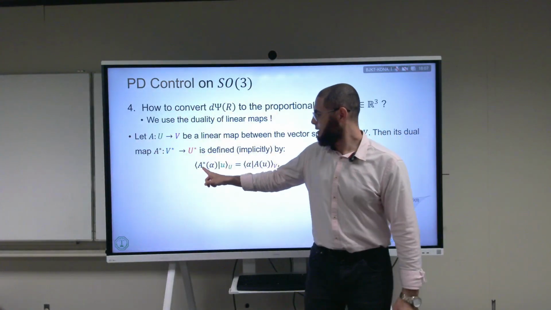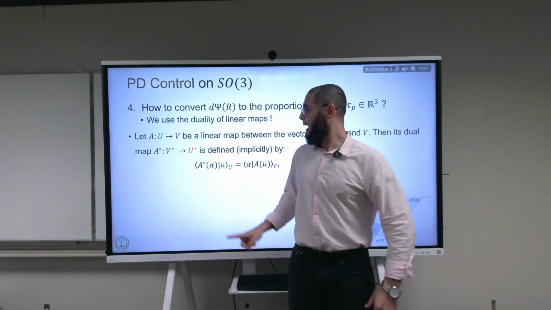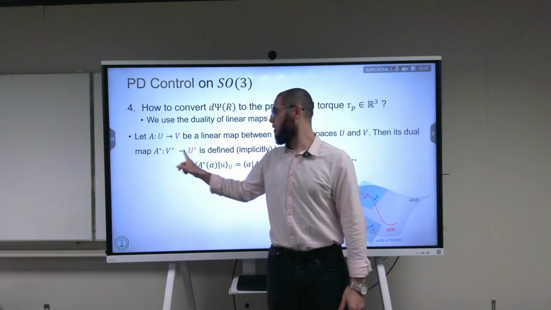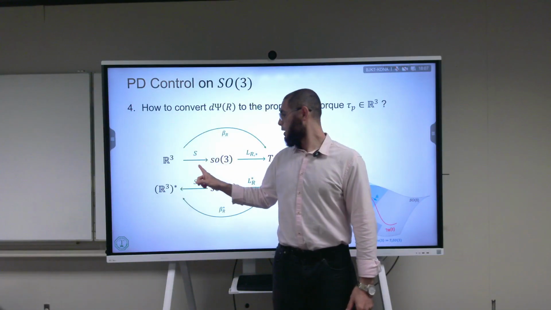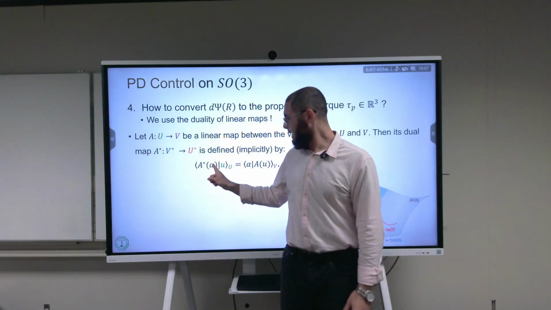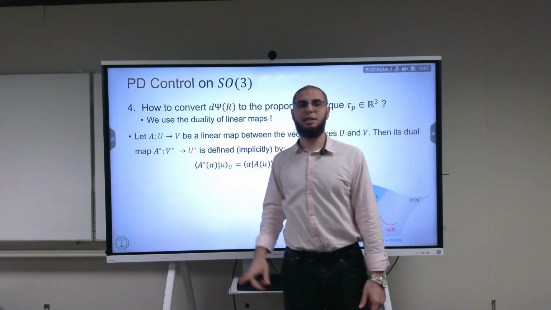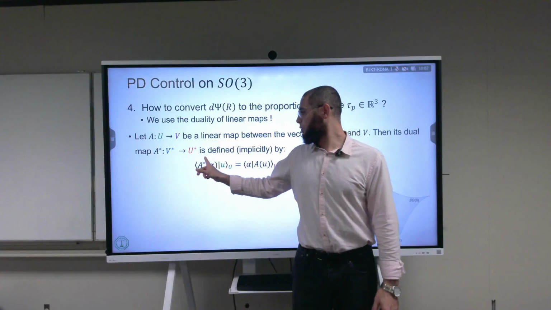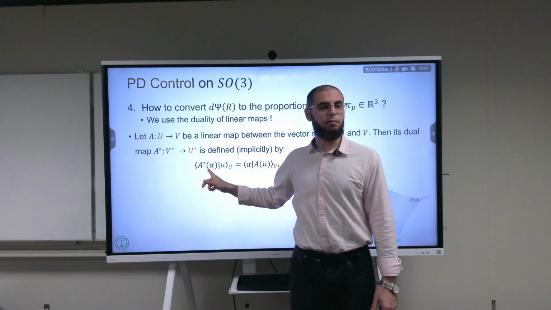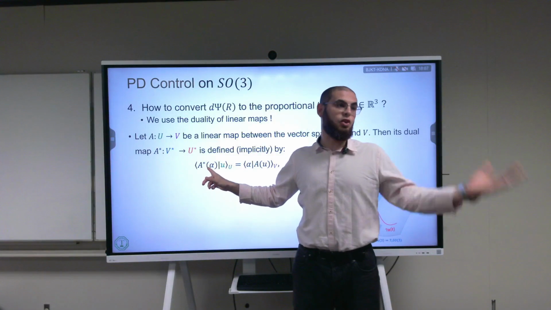So this is A star, and it eats something in V star and gives you something in U star. So alpha is any vector in V star. When A star eats it, what do you get? A covector in U star.